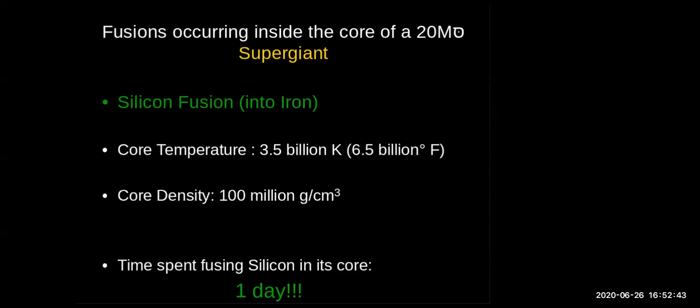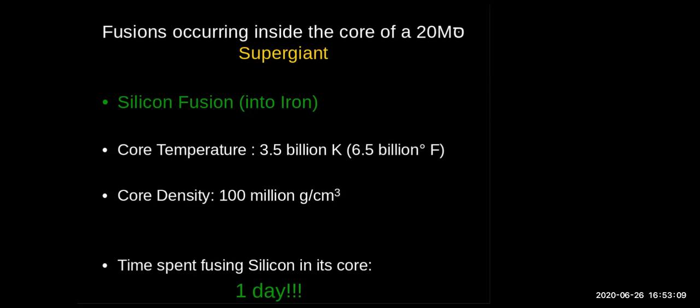This is like 50 million pounds in a cup. I don't even know what that is. It's like 30 aircraft carriers, or maybe more, 100 aircraft carriers compressed into a cup. It's crazy, the density. The time spent fusing silicon in its core is 1 day.